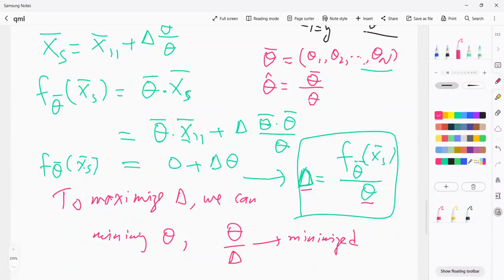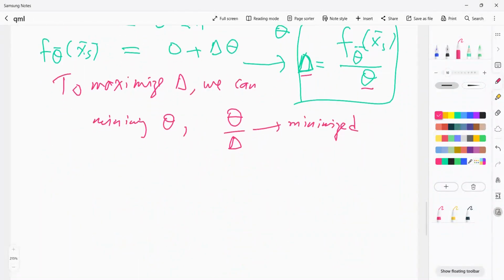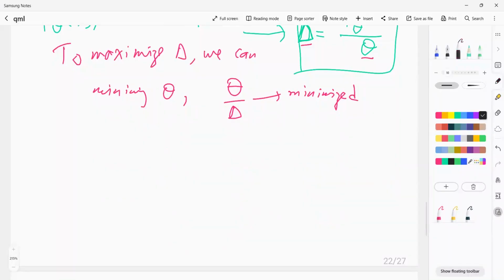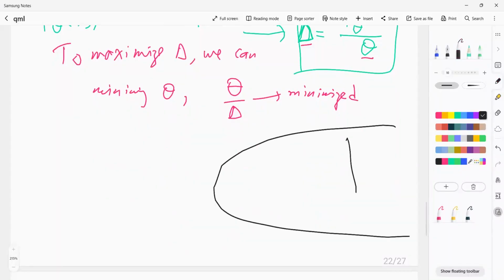There's a question: how do we come to know that theta is perpendicular to the plane? This is a simple fact from geometry. If you write the equation of any plane, then this vector is normal. For example, let's say there's a digression. The equation of a line, some f of theta, is something like theta 1 x1 plus theta 2 x2.